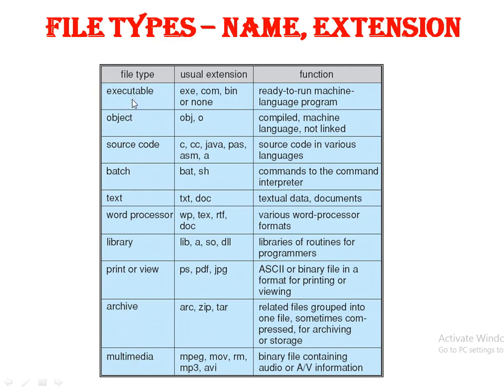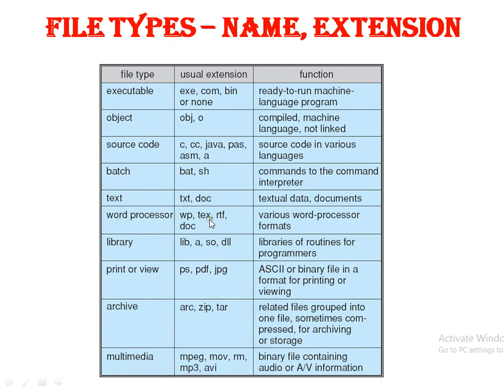Executable files, as you are aware, have the extension .exe. Next, object file .obj. Source code can be in any language such as C, Java, assembler, and so on. Batch files, the extension can be .bat or .sh. Text file .txt, .doc.